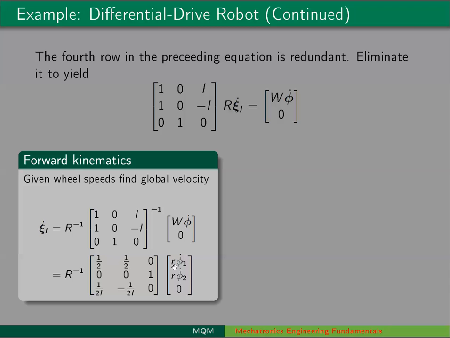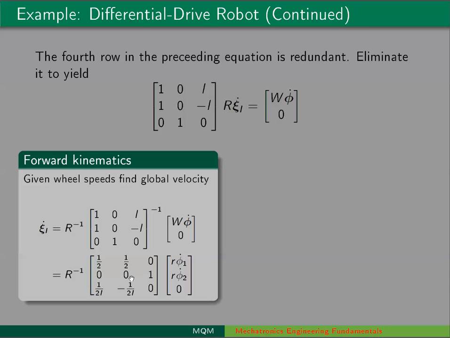So if we just look at these two matrices, the product of these two matrices is the velocity in the robot frame. And what we're saying here is that x dot is equal to r times phi1 over 2 plus r times phi2 over 2. So that's saying the velocity of the robot in its x direction has a contribution from each wheel.